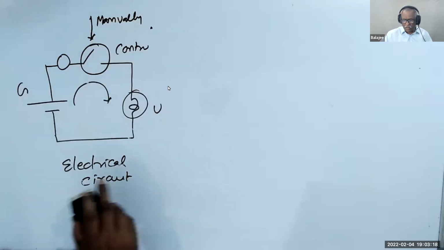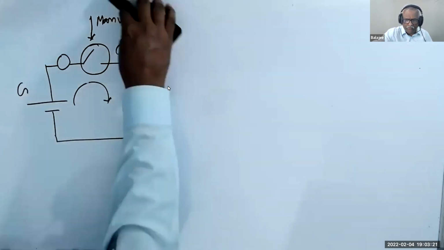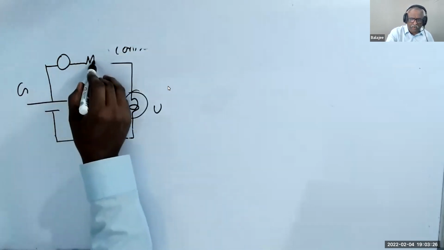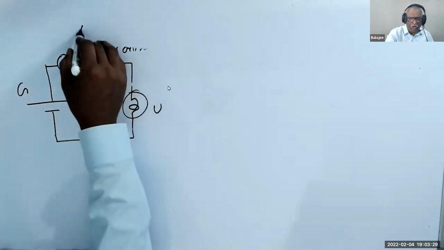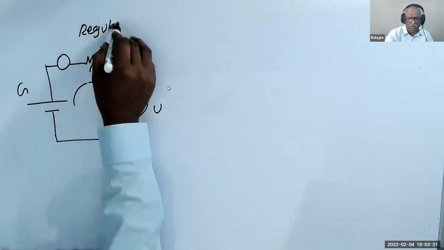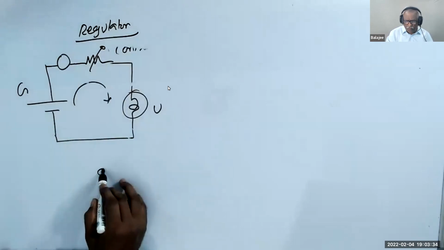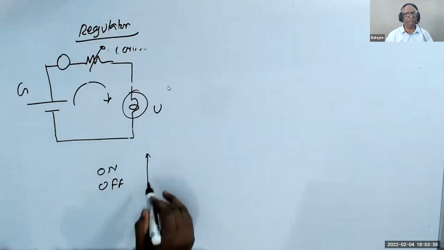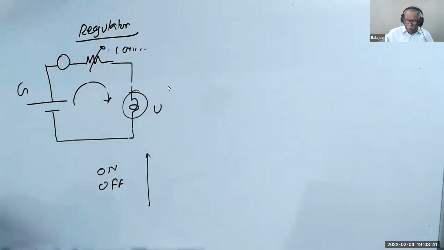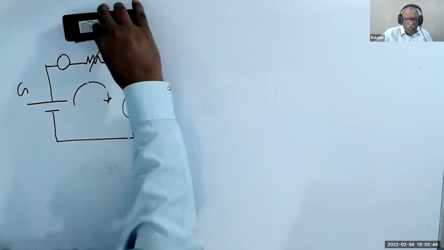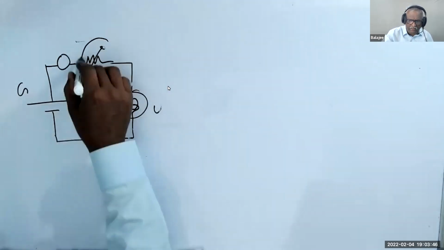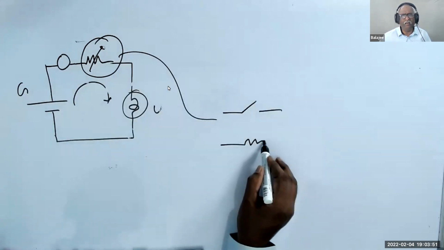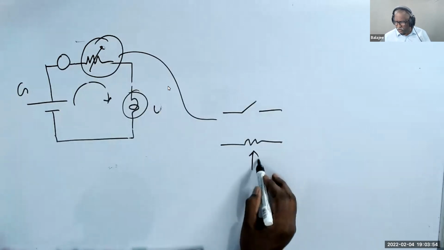That's all about electrical. Now, sometimes instead of a switch, we use a variable resistor, which we call a regulator. A switch has on and off; a regulator has continuous variation. Then people moved the control alone separately. There's a switch or a regulator, but they control it through voltage.